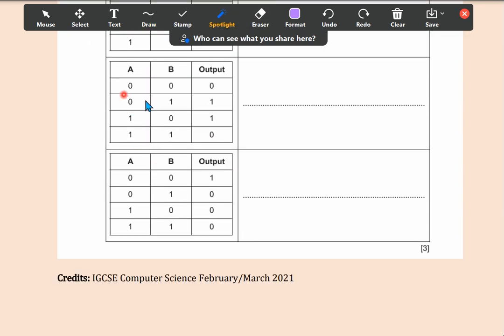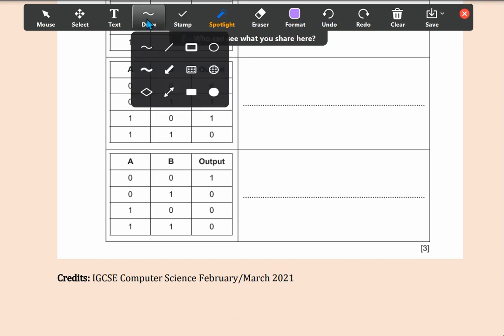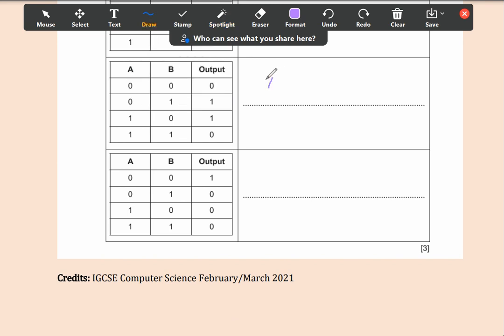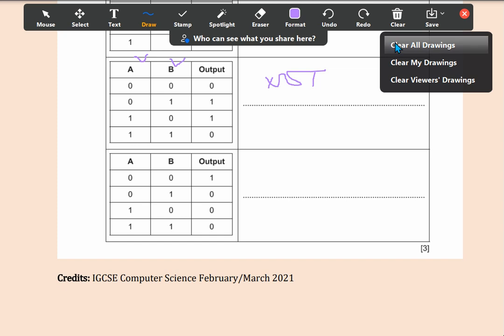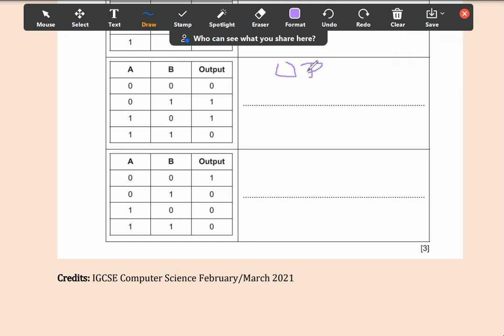So we have here another truth table. Again, clearly not a NAND gate, because it contains 2 inputs. How about the OR gate? If I try the OR gate here, we have 0 plus 0, that's 0. Let's check.